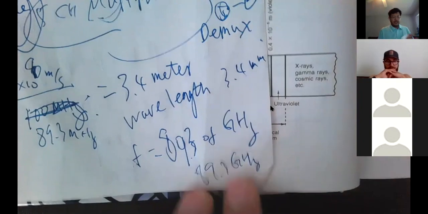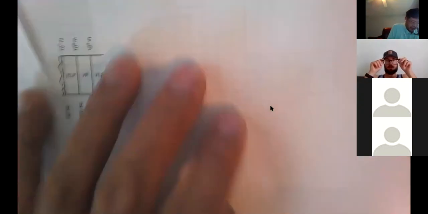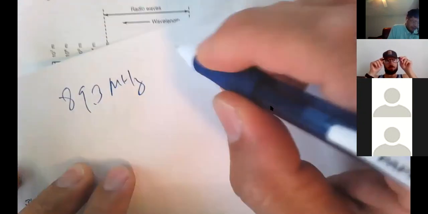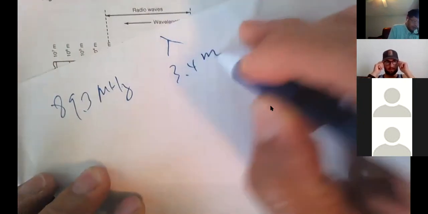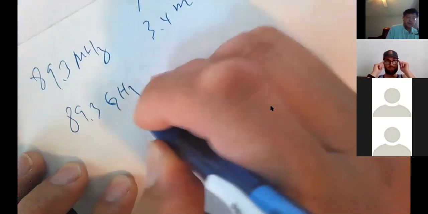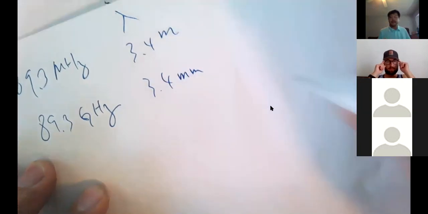So yeah, 89.3 megahertz, lambda is 3.4 meter. If it's 89.3 gigahertz, the lambda will be 3.4 millimeter. That's what we are talking about.